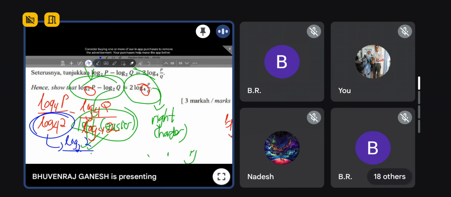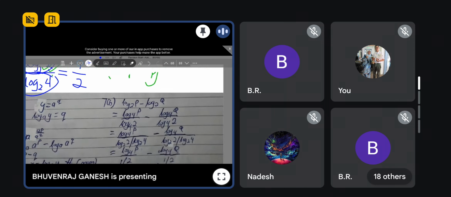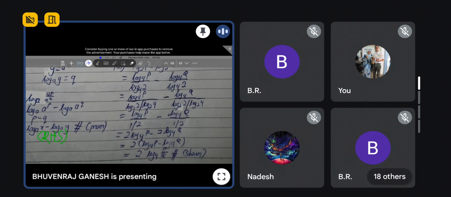Because log 2 4, guys, can you all tell me what is the value for log 2 4? Anyone? If you know your log well, yes, the answer is 2. Means basically this value is 1 over 2. So you already simplify the expression. Kamu dah permudahkan dah. Okay, by just adding log base 2 to the bottom untuk bawah pecahan. Understand, guys? So yeah, this is the concept I use here. Exactly the same. Okay, so then kamu boleh buktikan dah. This is how we show the question.